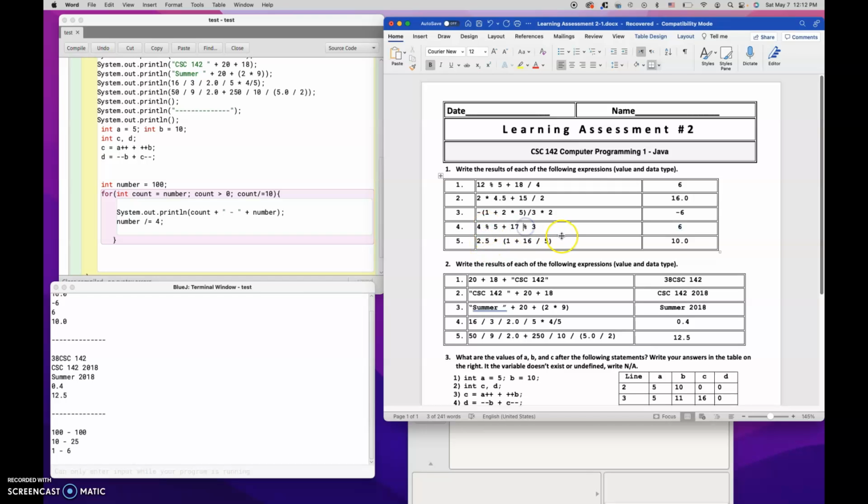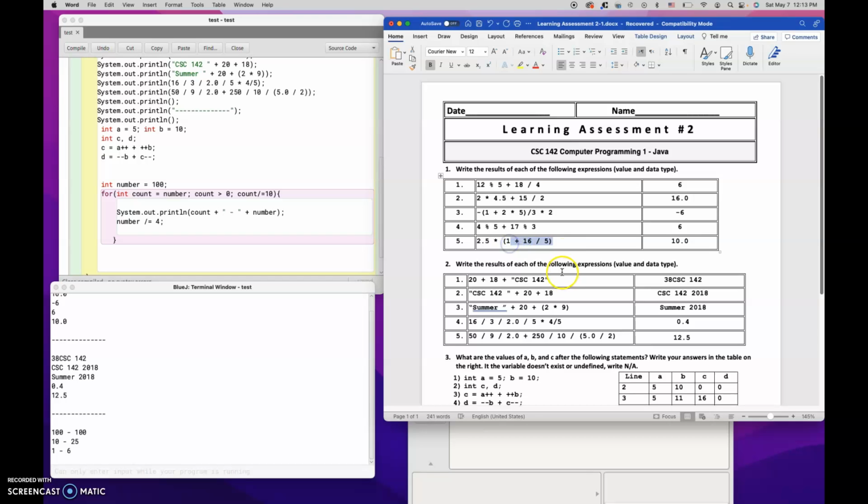Let's try again. 4 divided by 5 equals 0, and the remainder will be 4 here. And we have here 17 divided by 3 equals 5, and the remainder will be 2. 4 plus 2 equals 6.